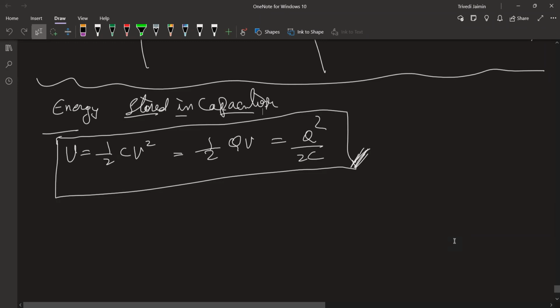So if I say T and E is common, use the first formula, the C square formula. Four minus 1.